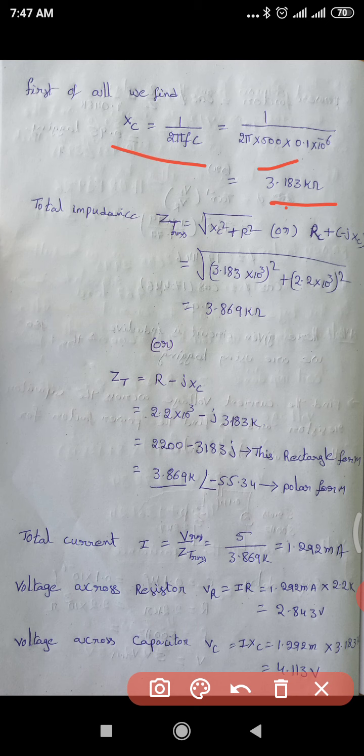This is the XC value. Now we have to find the Z value. Z means R plus j XL minus XC. Here in our circuit no inductance is given.